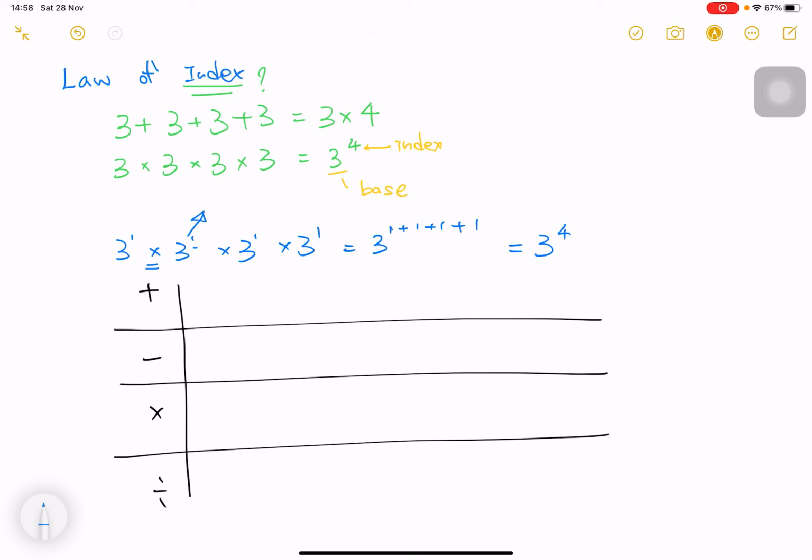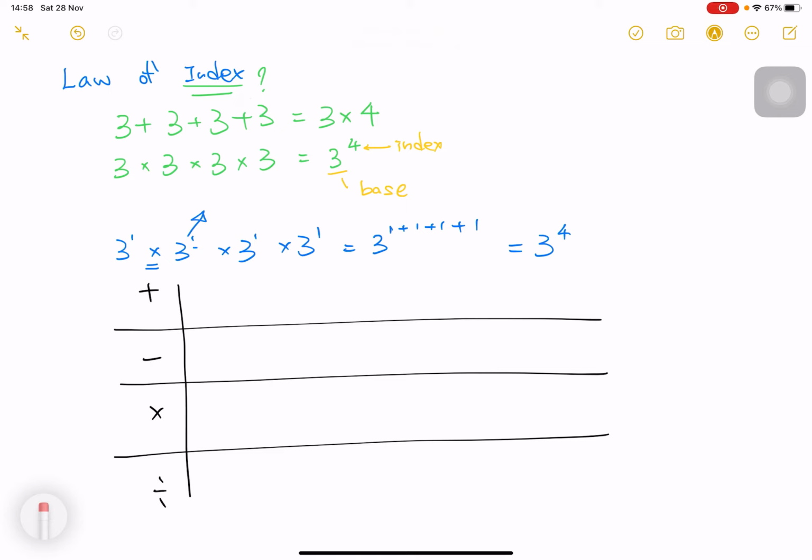So when you see the base times itself many times, you can just make the additions in the index column, and then you can find the answer.